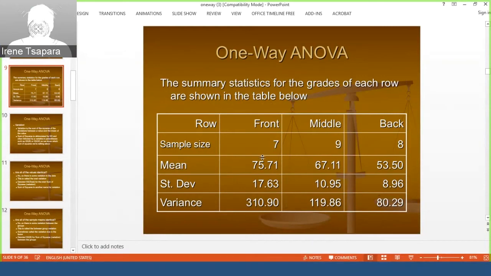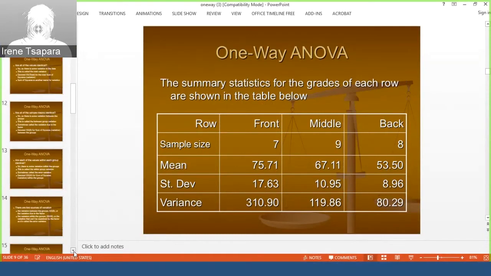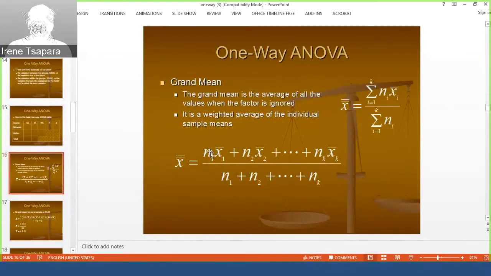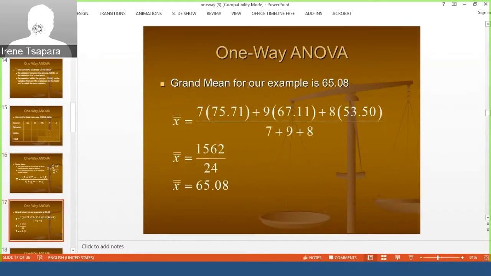If I take 7 times 75.71 plus 9 times 67.11 plus 8 times 53.50, I will get the numerator of this formula. And then I divide everything by the sum of the sample sizes, so all the points together. This is how I get the grand mean. The grand mean for the specific example is 65.08.